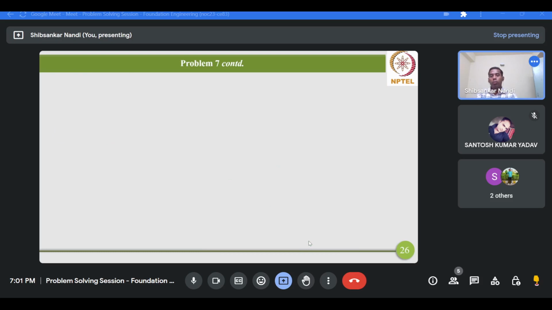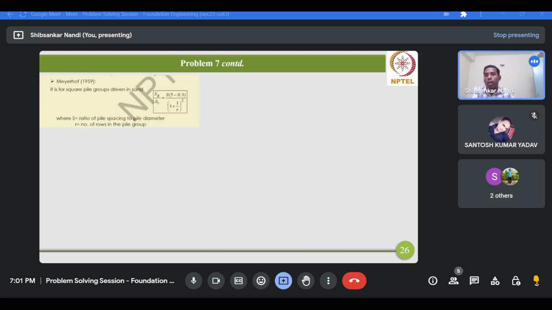Now again, you can use the method which is given by Meyerhof. Following this methodology also, you can determine the group pile settlement by using this equation. This is the ratio of group pile settlement to the individual pile settlement, but the ratio is different.